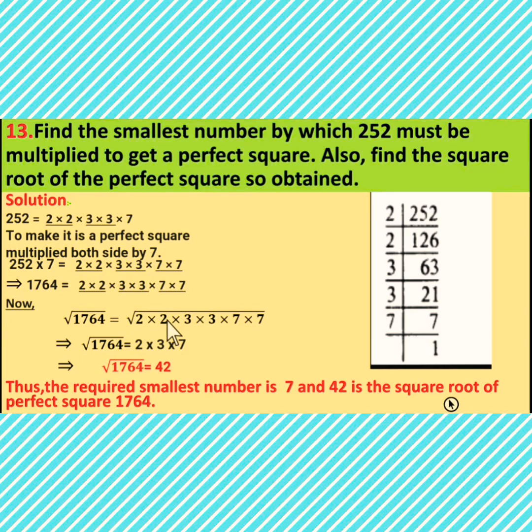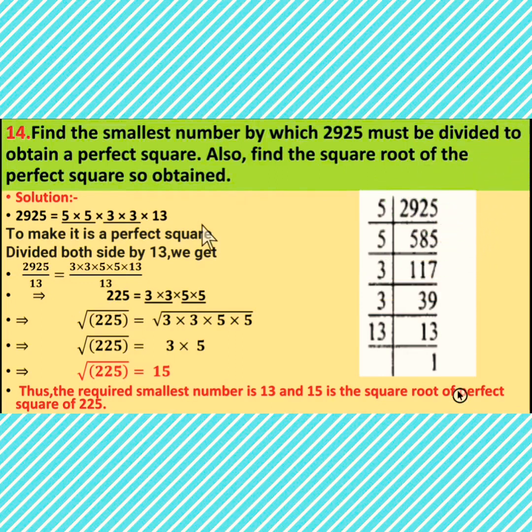So in the pair of 2, 2 comes out. In the pair of 3, 3 comes out. And in the pair of 7, 7 comes out. Now multiply 2 into 3 into 7, we get 42. So the square root of 1764 is 42. So the required smallest number is 7, which we have to multiply with 252. So we get a perfect square number, and 42 is the square root of the perfect square number 1764.